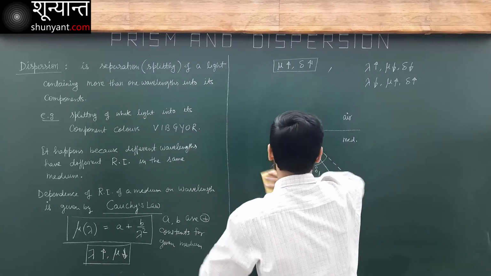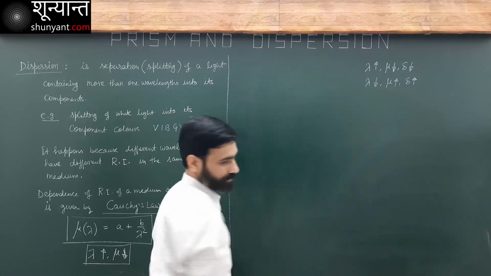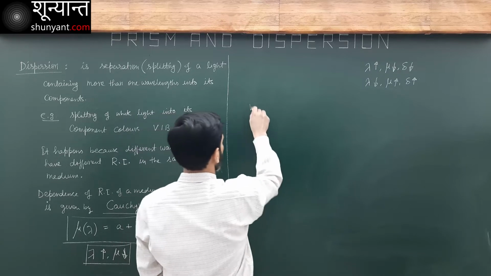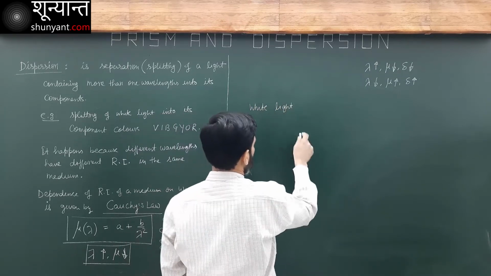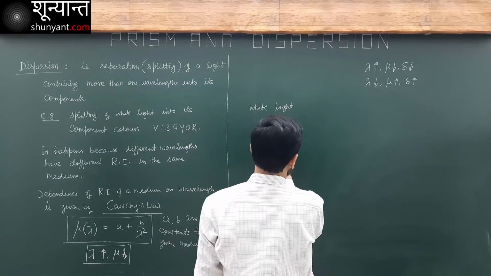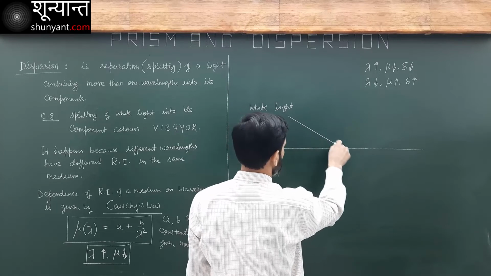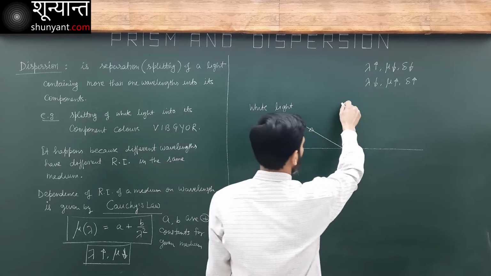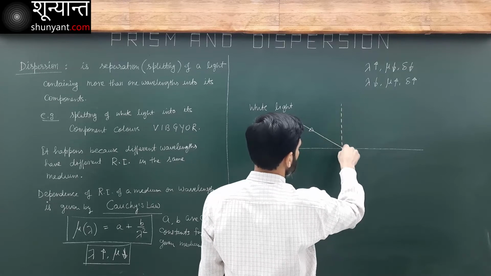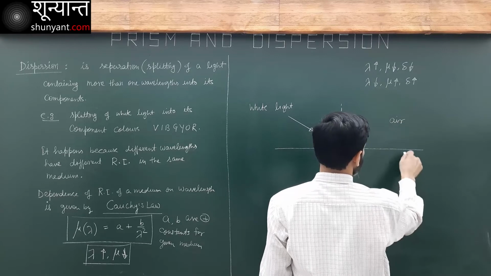Now, what will happen with white light? Let's say some white light is incident here. The moment it enters this medium, this is air, and this is some medium.